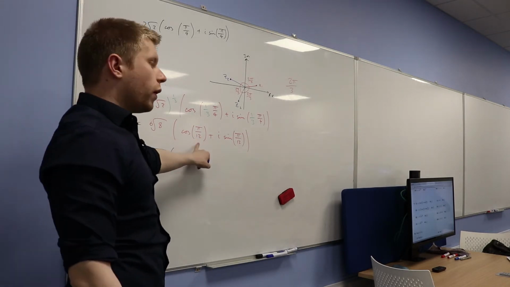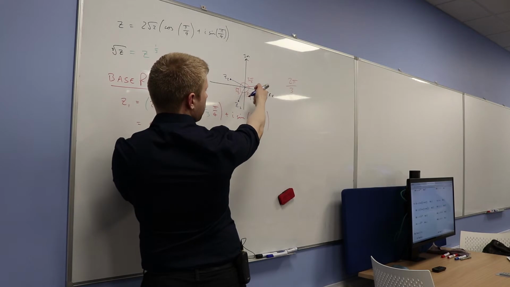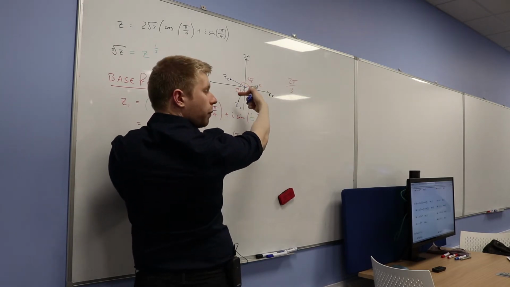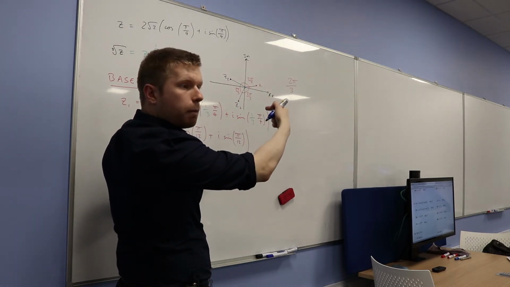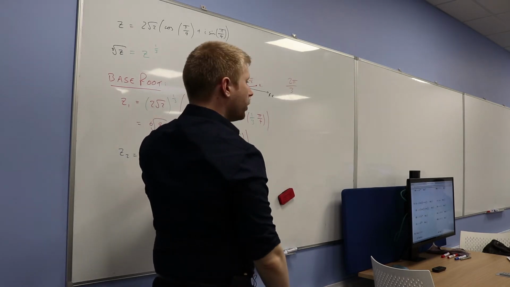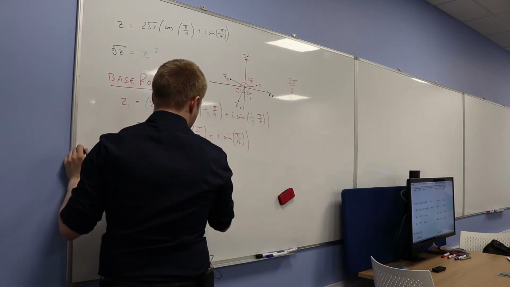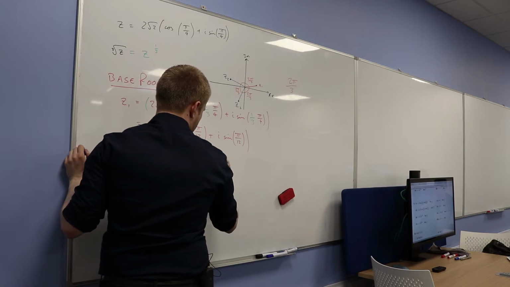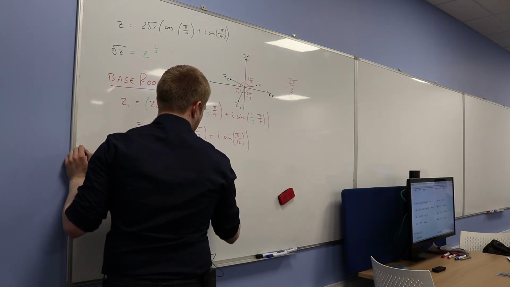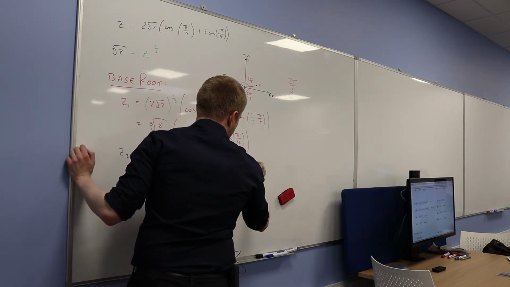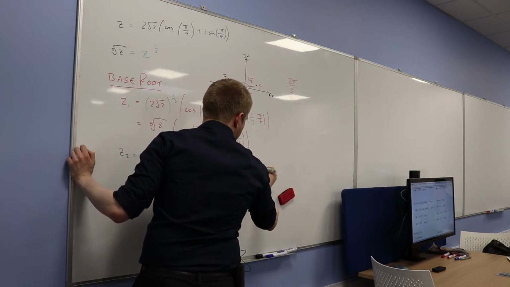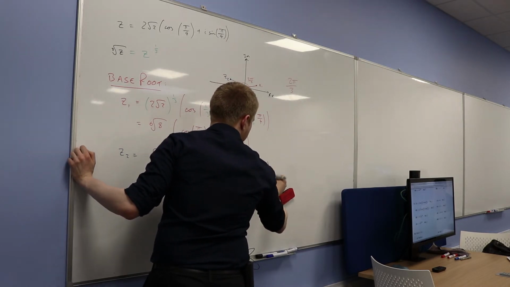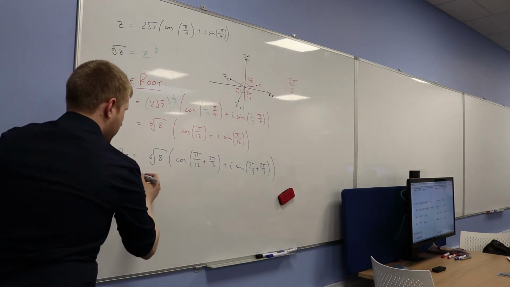Okay. So we take pi by 12. If we go for Z2, we're going to move another 2 pi by 3. Do you see that? Yeah? So it'll be pi by 12 plus 2 pi by 3, plus i sine of pi by 12 plus another 2 pi by 3. Okay? You can go back and tidy this up.